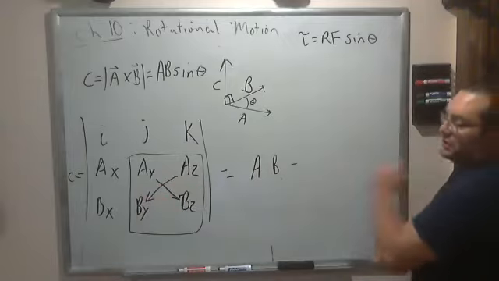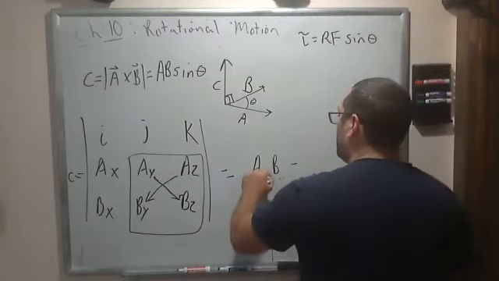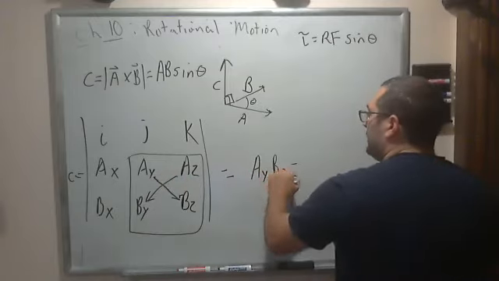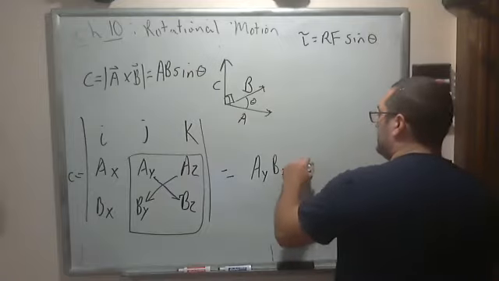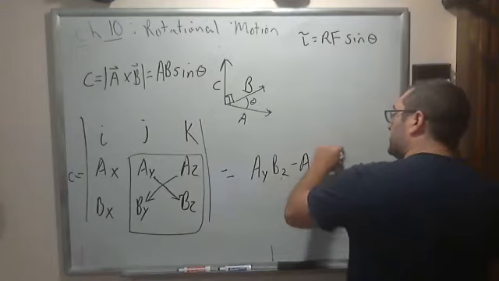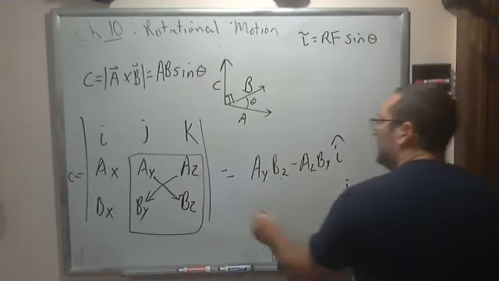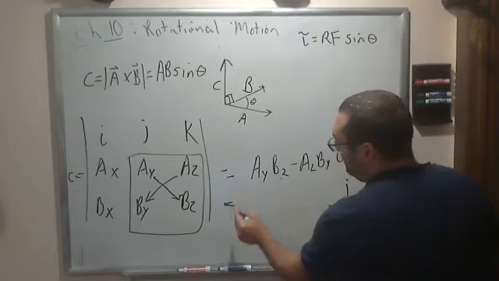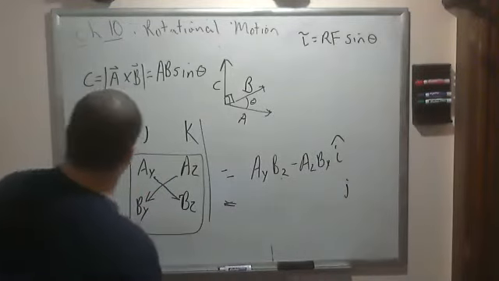This is why it's called the cross product. You're multiplying cross terms together. So it would be AY times BZ minus AZ times BY, and this is your i component. And then for your j component, you put a minus sign in front, and you do the same thing with these terms.